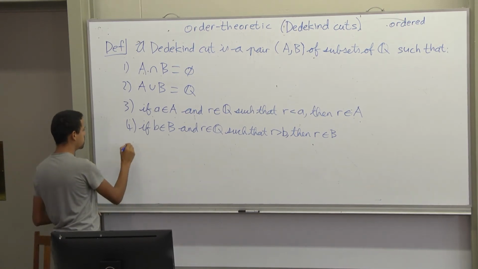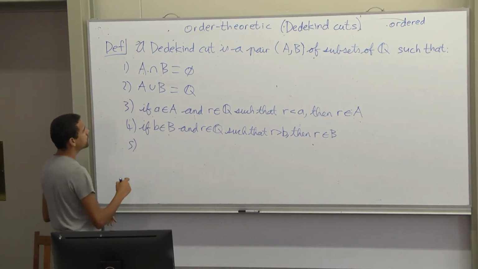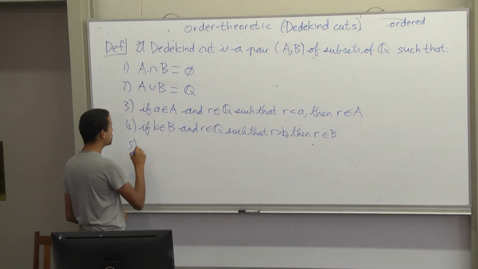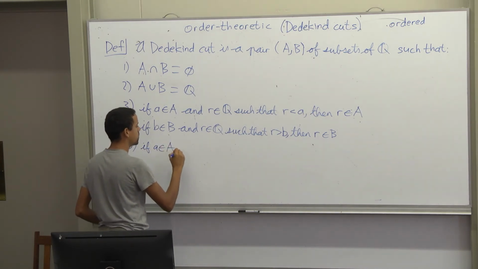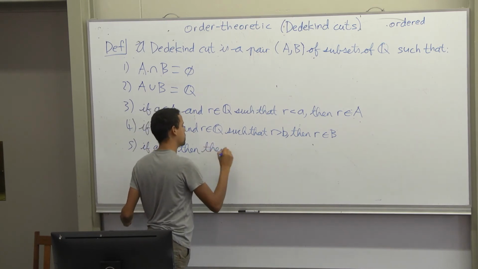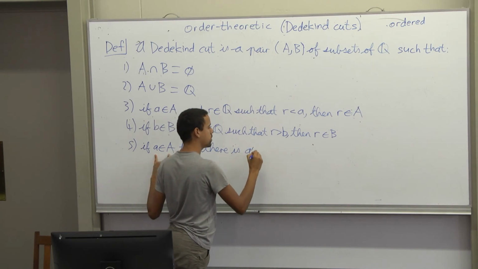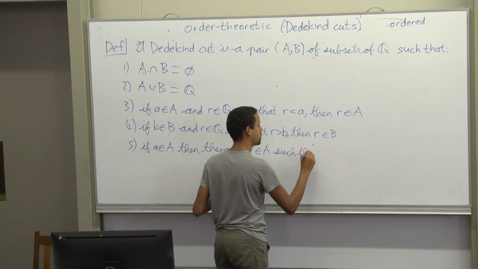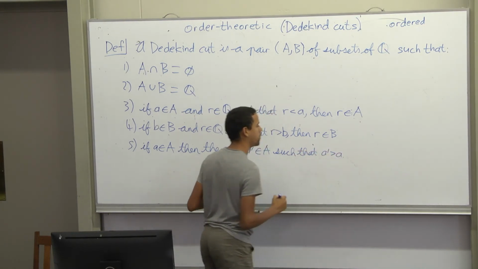And then the last condition would be something like: if a is in A, then there is some other element in A, let's say a prime in A, such that a prime is greater than a.